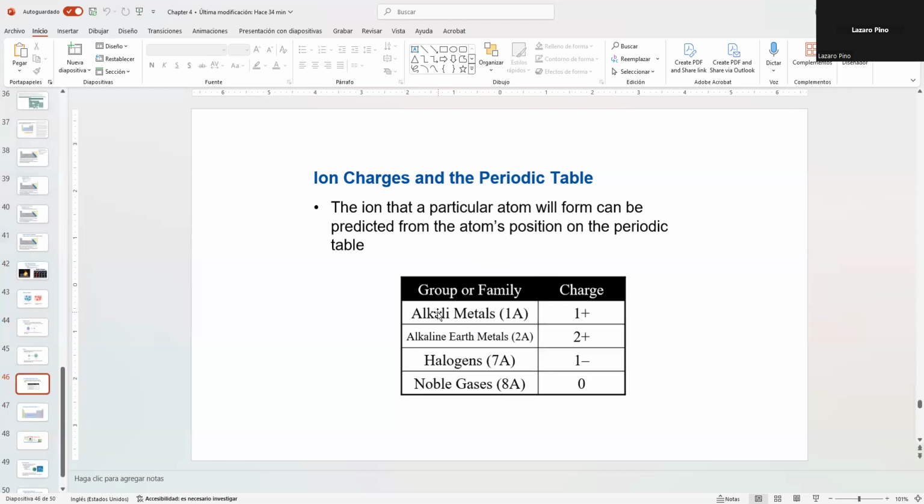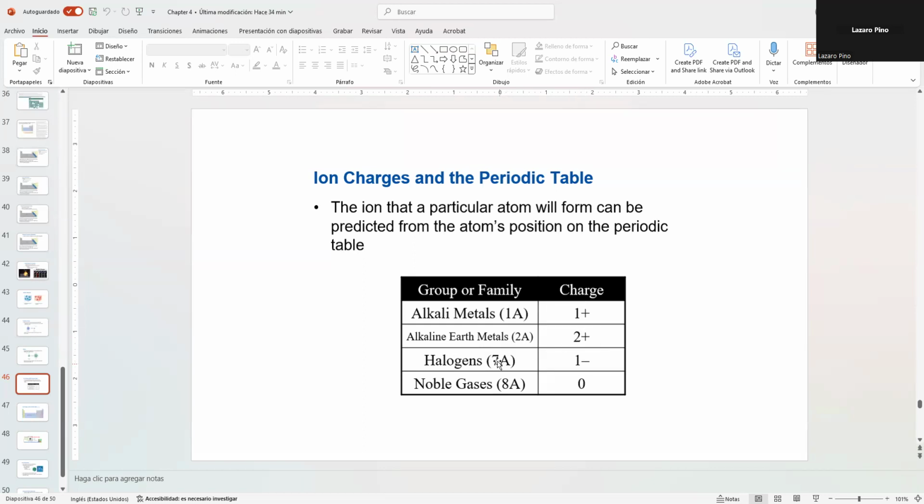The most characteristic charges for the ions, if they come from the group 1A alkali metals, the charge is positive 1 because they lose 1 electron. The alkaline earth metals are in 2A and the charge is 2 positive.